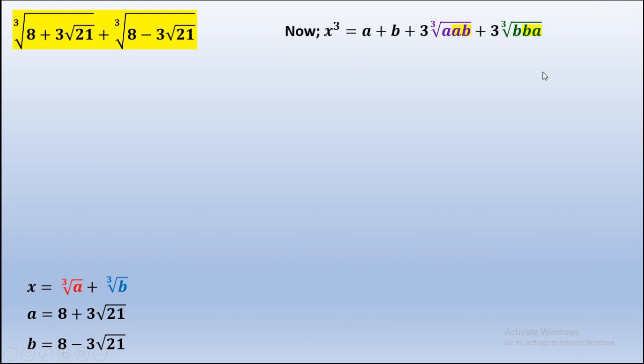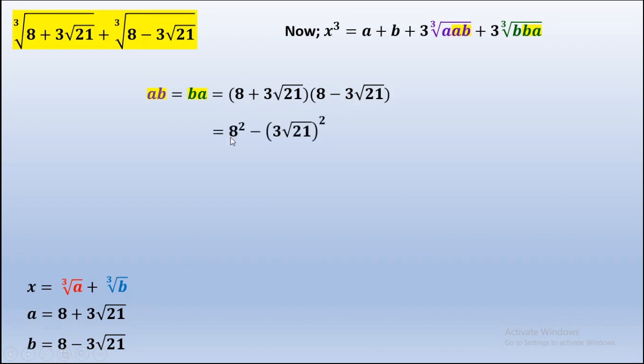This is what I got in the previous slide. Now this ab and ba are identical. We have to find the value of ab and ba. Since we have the value of a and the value of b, we can find the value of ab. So ab equal to ba equal to 8 plus 3 root 21 times 8 minus 3 root 21. This can be written in this form, that is 8 square minus 3 root 21 whole square.